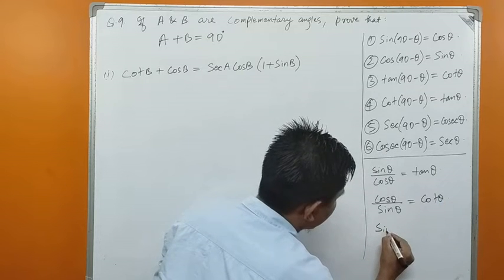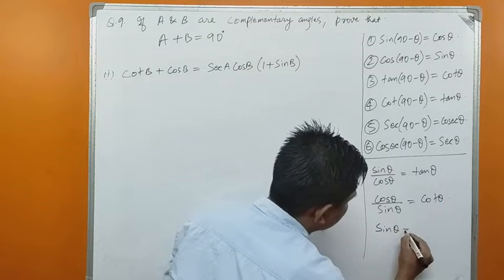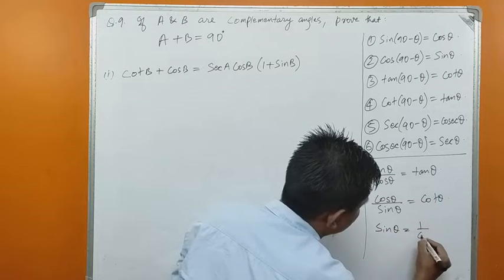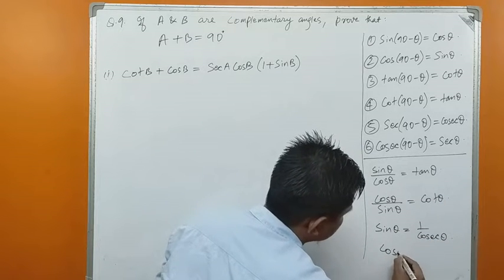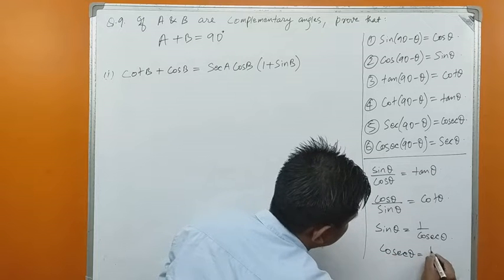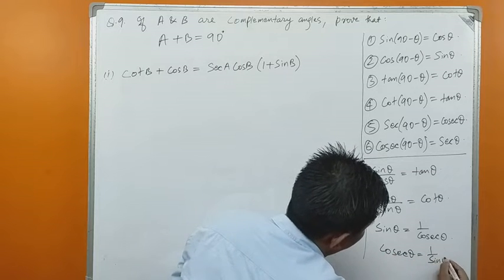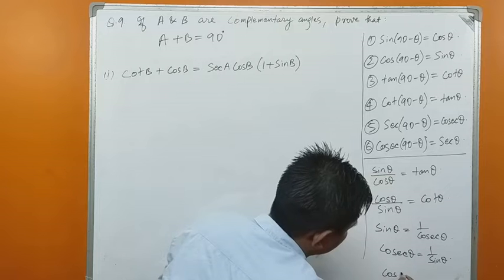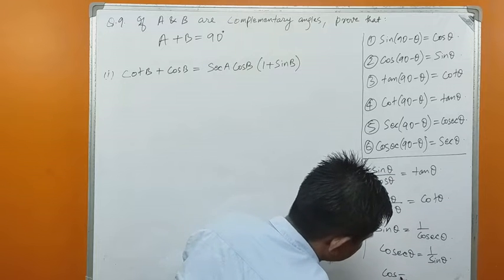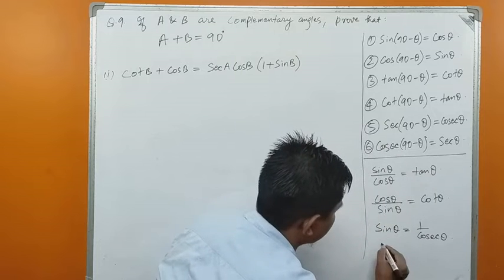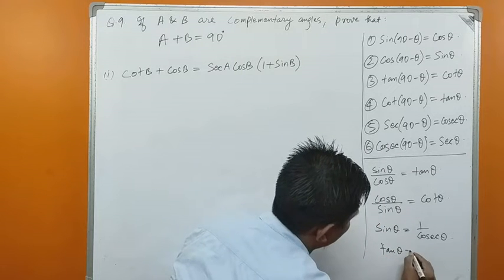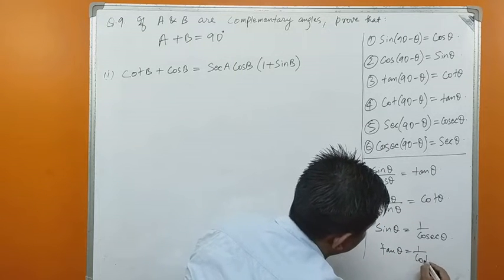And sin theta and cosec theta are reciprocal of each other, so sin theta equals 1 upon cosec theta. Similarly, cosec theta equals 1 upon sin theta. Okay, tan theta equals 1 upon cot theta.